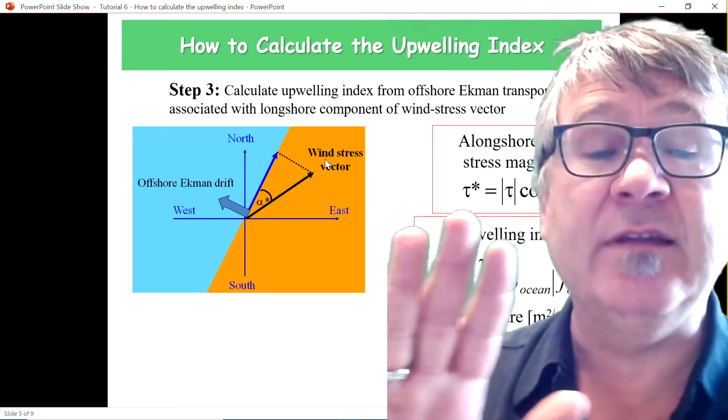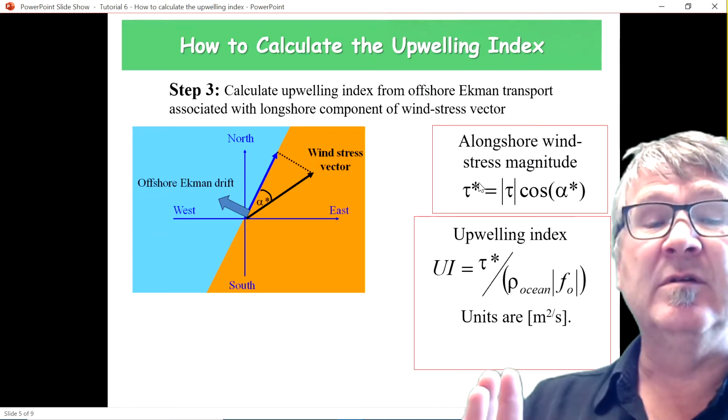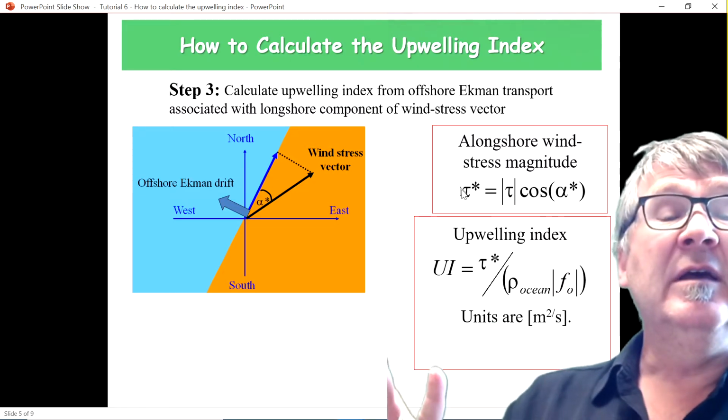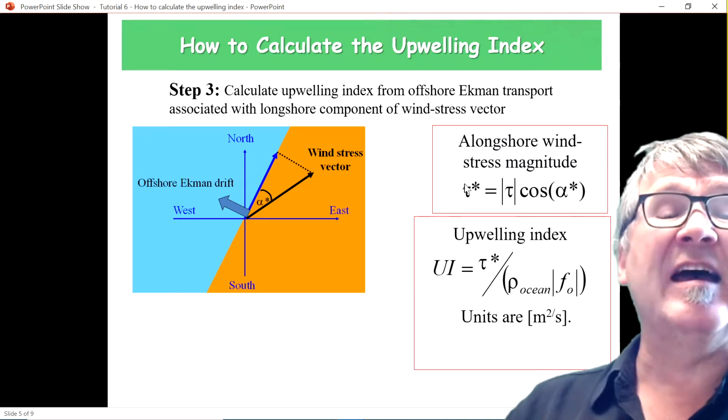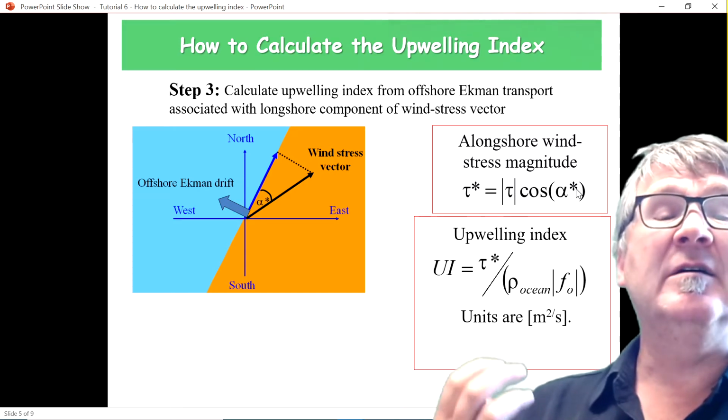This is now written next to me. You can work out the alongshore wind stress magnitude: tau star is the magnitude of the wind stress times cosine of alpha star.